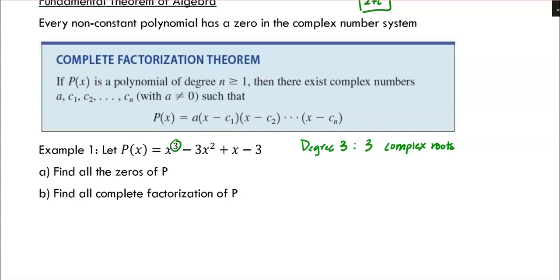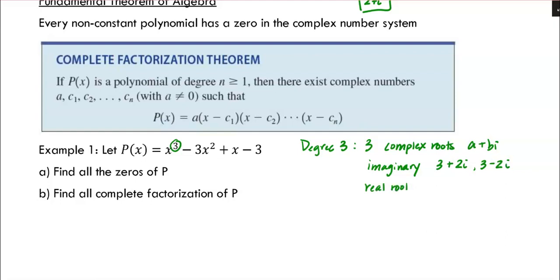Now, complex roots, a plus bi, could be imaginary, with an imaginary counterpart. It could be something like 3 plus 2i. If there exists a 3 plus 2i, then there has to be a 3 minus 2i. And then it could be just real.